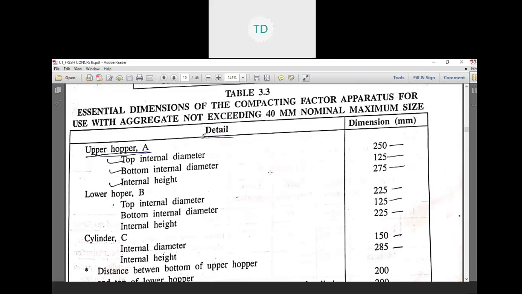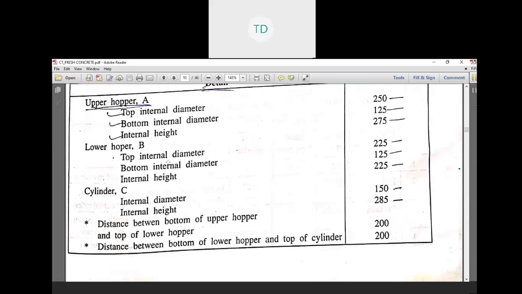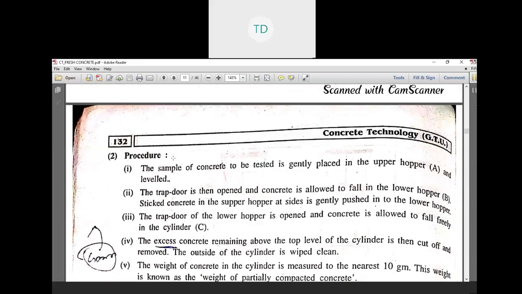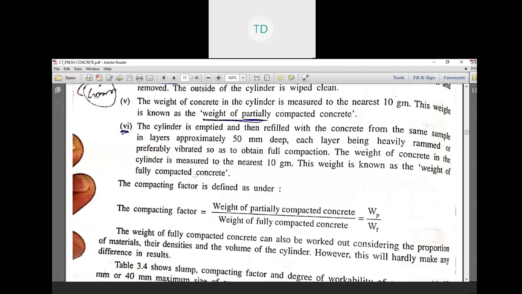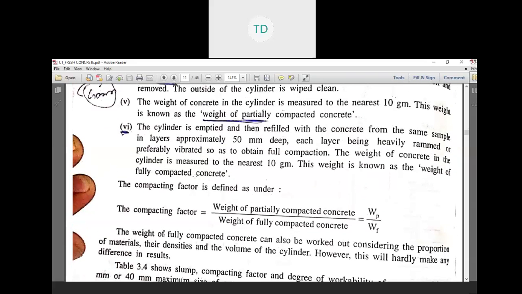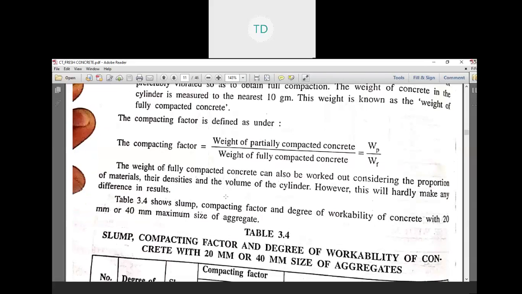The essential dimensions of the compacting factor apparatus are detailed in this table. We skip it. Procedure: the procedure is simple, but it is also mentioned in that video. So I will give you what the compacting factor is.